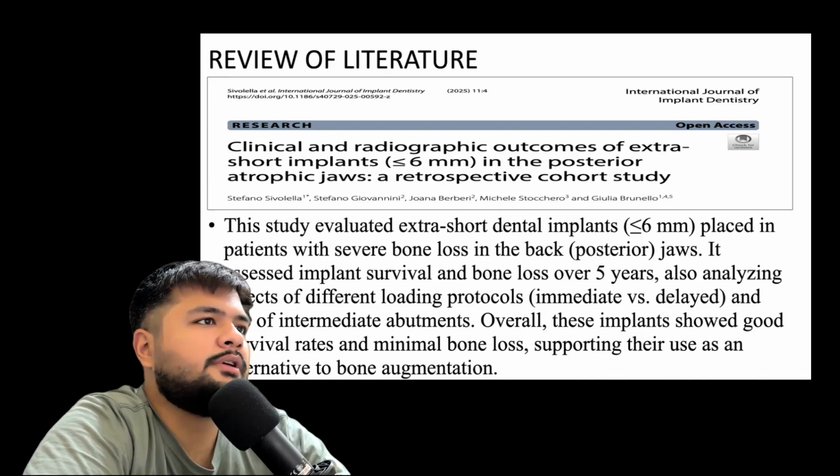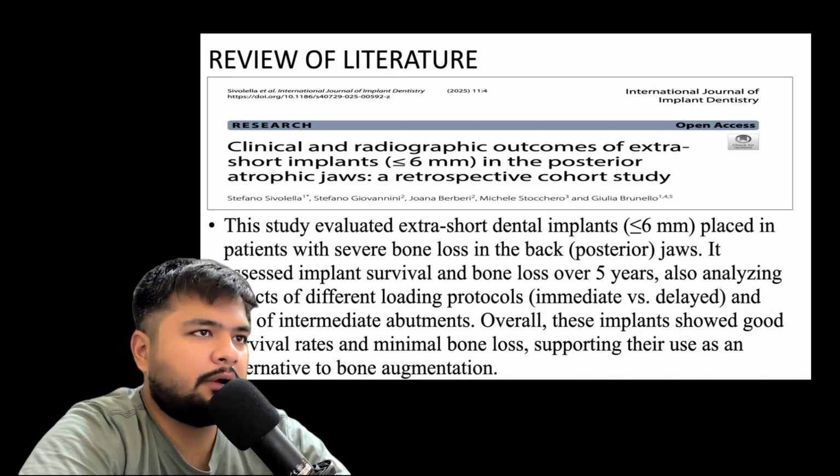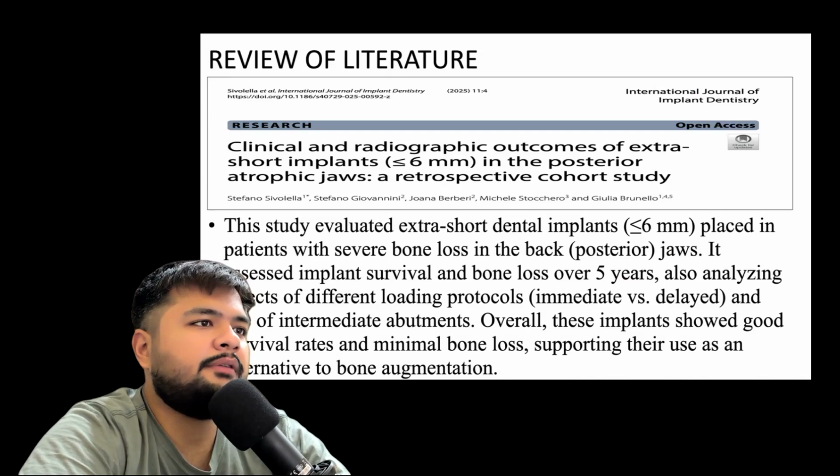So this is the first article of 2025 in the International Journal of Implant Dentistry. Its title was Clinical and radiographic outcomes of extra short implants, that is less than or equal to 6 mm, in the posterior atrophic jaws, a retrospective cohort study by Sevolella et al.